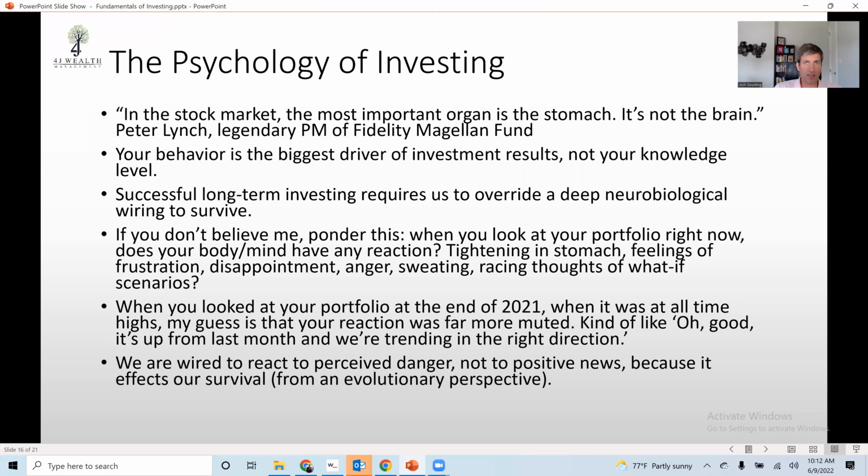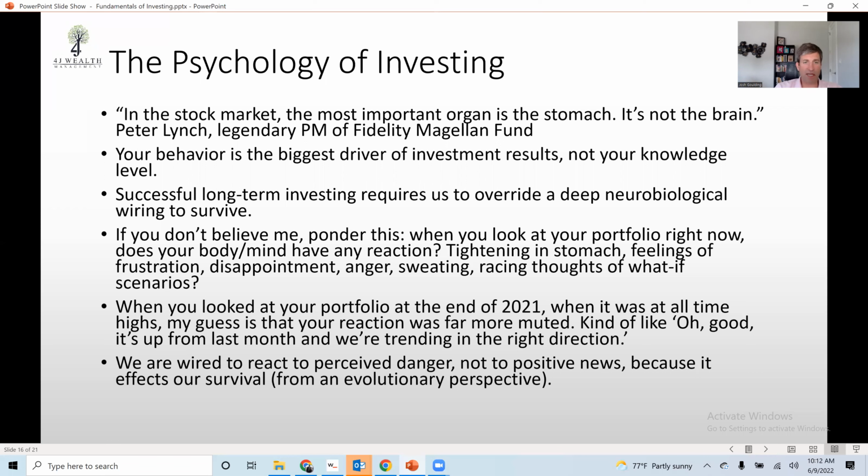You can look at any stock in history. If you're on a long enough time frame, you're going to have to withstand pretty significant drawdowns. And if you don't have the conviction, right, the stomach to endure those drawdowns, then you're never going to be able to benefit from the upside, those higher returns when eventually the company comes back.